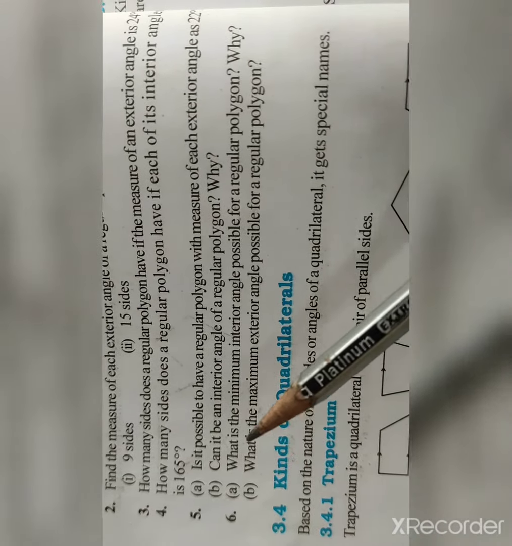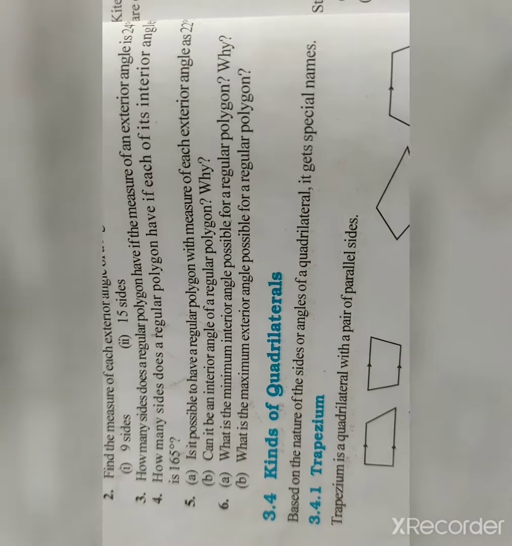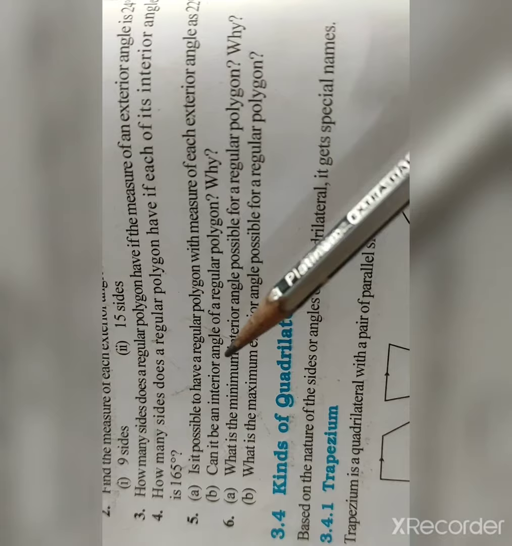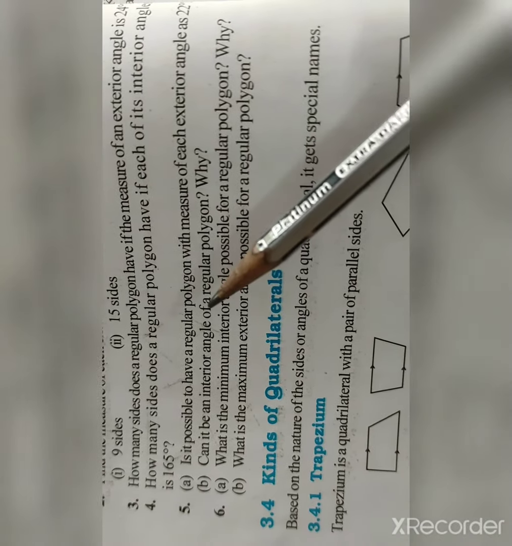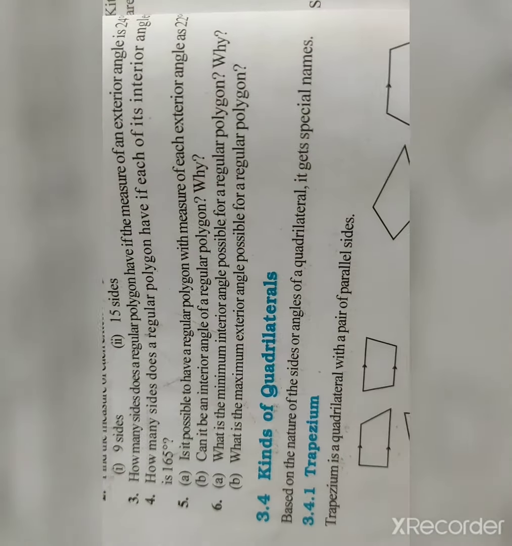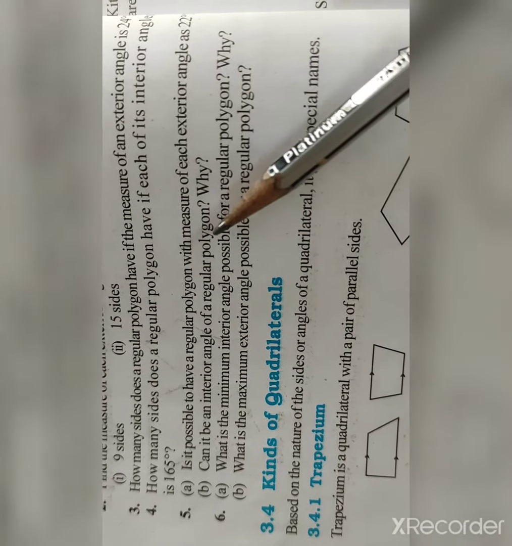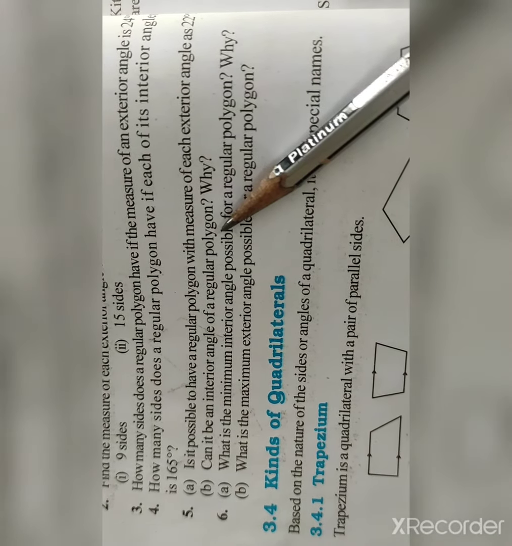Now, can it be an interior angle of a regular polygon? Why? For an interior angle, first we will find the exterior angle. So first you will write, given in the second case, the measurement of the interior angle is 22 degrees. Then the measurement of the exterior angle will be 180 minus 22.